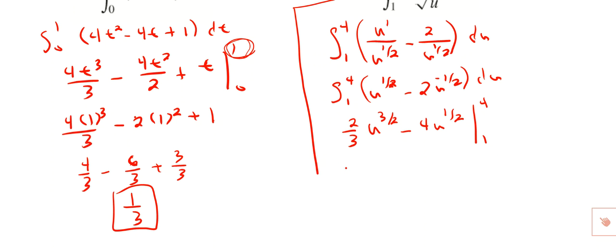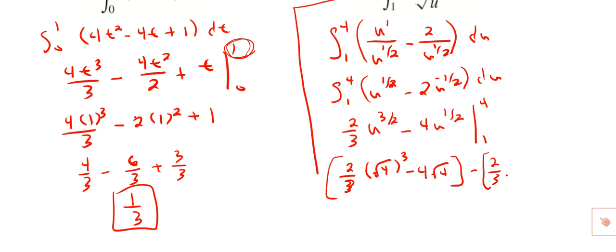So we have 2/3 times the square root of 4 raised to the 3rd power minus 4 times the square root of 4, minus, evaluated at 1, 2/3 times the square root of 1 raised to the 3rd power minus 4 times the square root of 1.